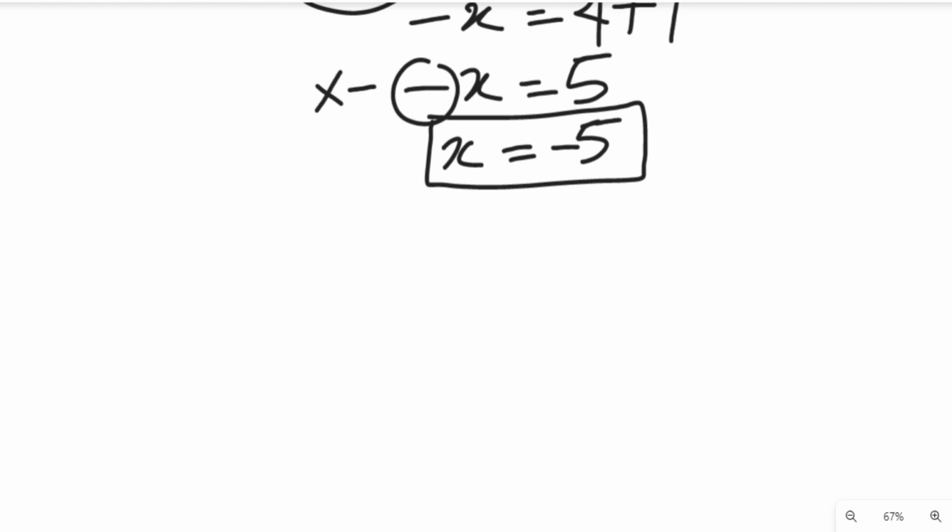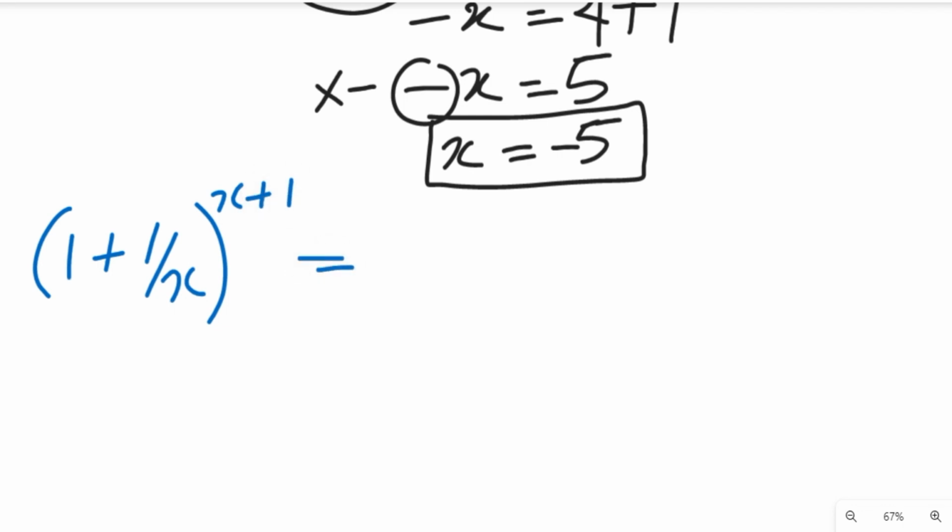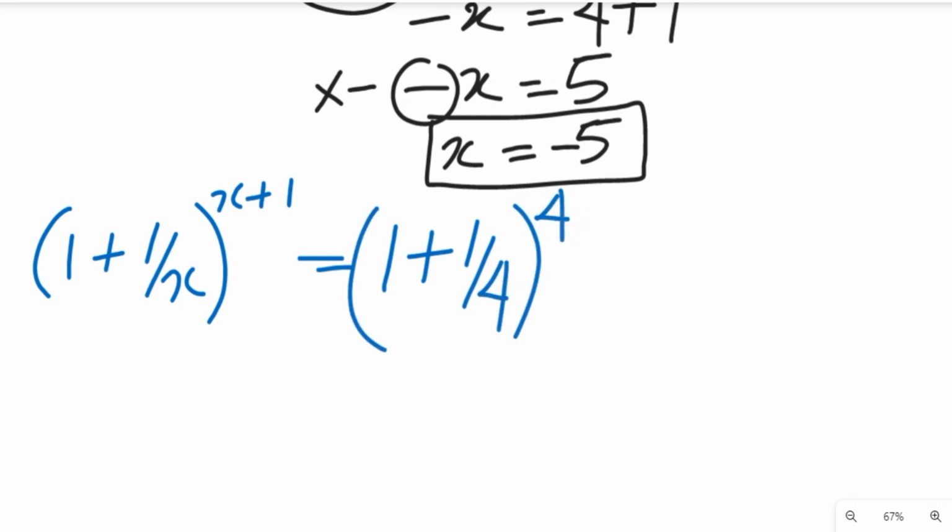Now to confirm if what we did is actually correct, if our value is actually correct, let's check. We're going to look at the initial equation that is given to us. We'll have 1 plus 1 divided by x all to the power of x plus 1. We said it must be equal to 1 plus 1 divided by 4 all to the power of what? 4. Now let's check by putting value of x to be equal to minus 5.